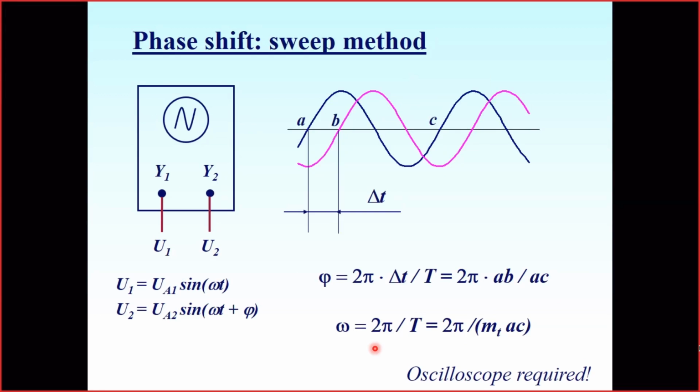We may use another method to measure a phase shift between two sinusoidal signals. This is important: here we may look at the phase shift between any type of signals. They may be triangle signals, they may be rectangular, they even may be of an absolutely arbitrary shape like ECG or some kind of special pulse signal.